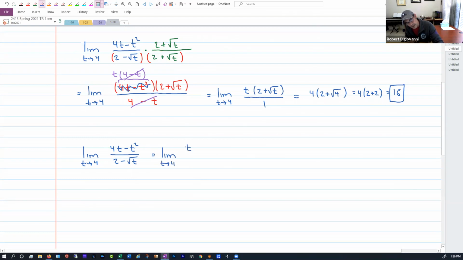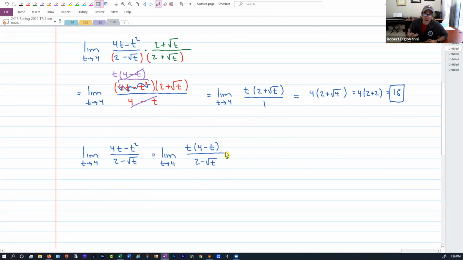So if I pull a t out, I'm left with 4 minus t. Then on the bottom, I'm left with 2 minus root t. All right, and if I do that, nothing cancels yet.